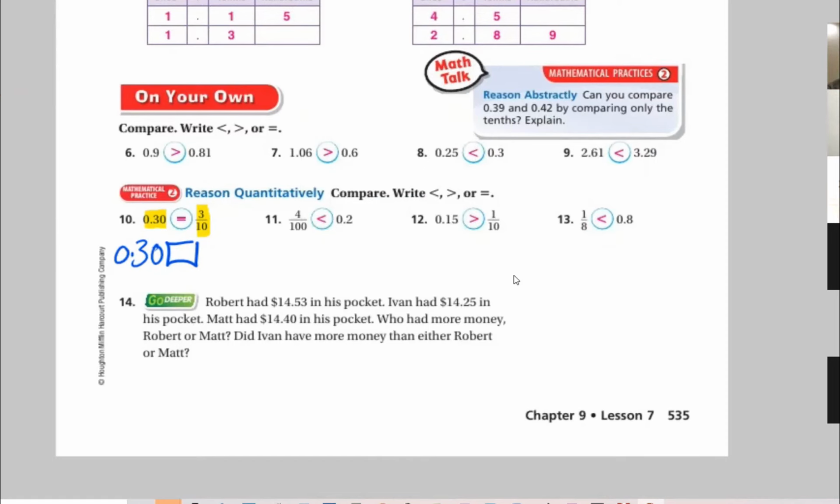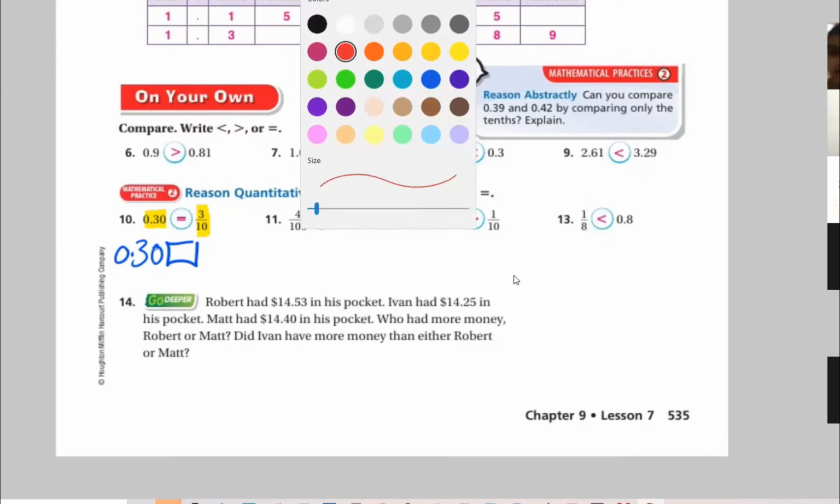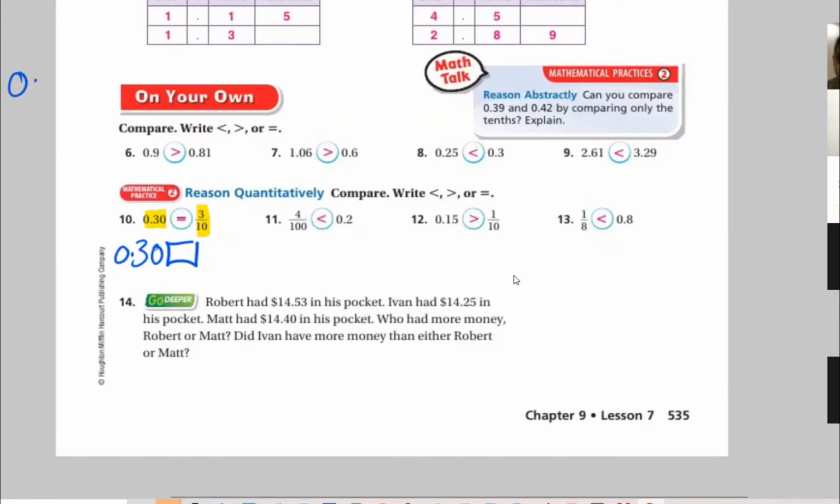But we have only 10. We have only one 0. So it will be just 0.3, right? Yes, because it's 10. So write it here, 0.3. Now we have 0.30 and we have 0.3. We have 0 and 0, compare the whole number, and we have 3 and 3.